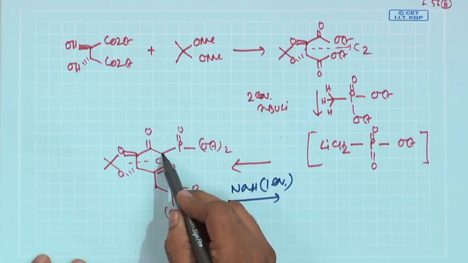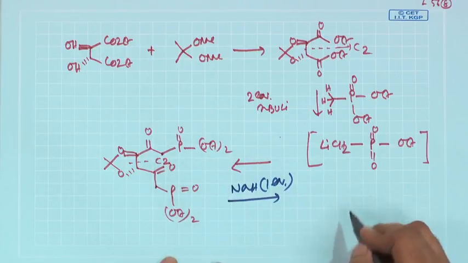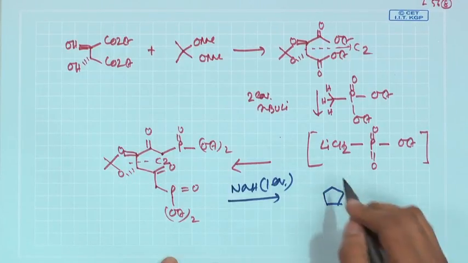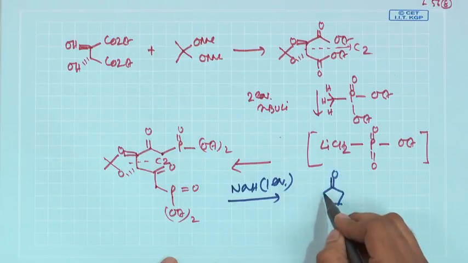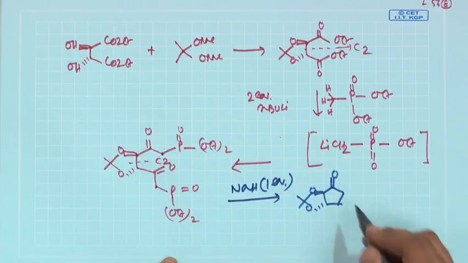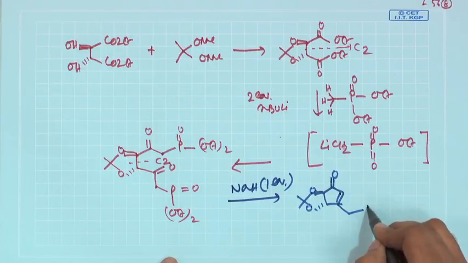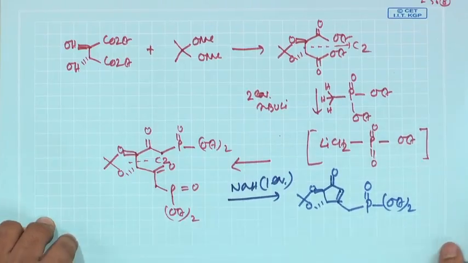This carbanion can react intramolecularly with this carbonyl compound, and then initially you get this part, your acetonide is here, and you get this double bond here, then your CH2 P double bond O OEt whole twice was there. So, those are the simple FGI, but the visualization was very important.